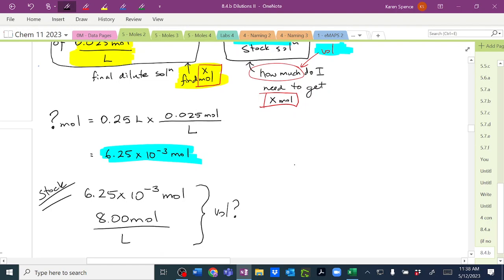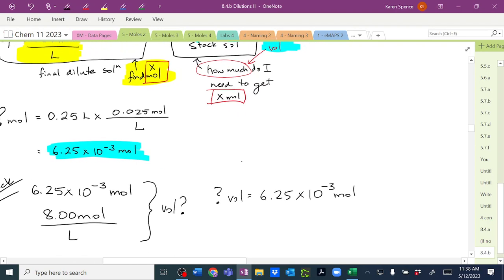Yes, because I want to find the volume, and we're starting with 6.25 times 10 to the negative 3 moles times 1 liter per 8.00 moles, because I want my moles to cancel.